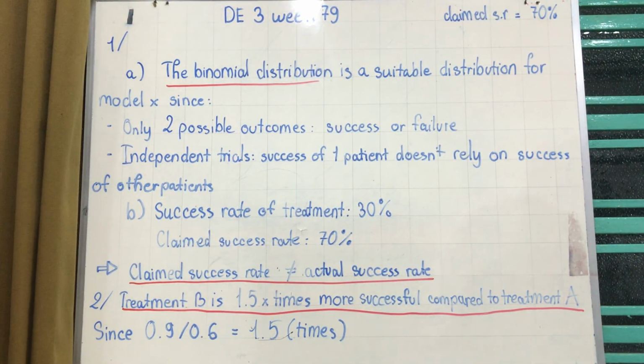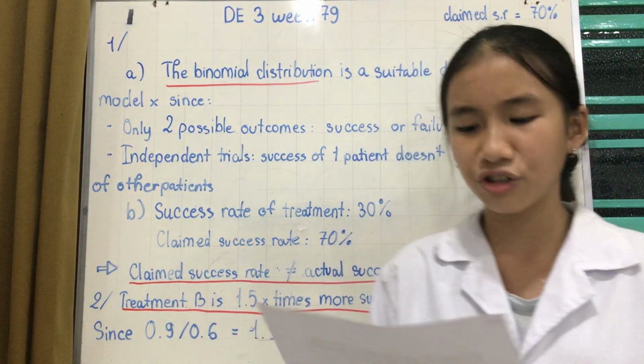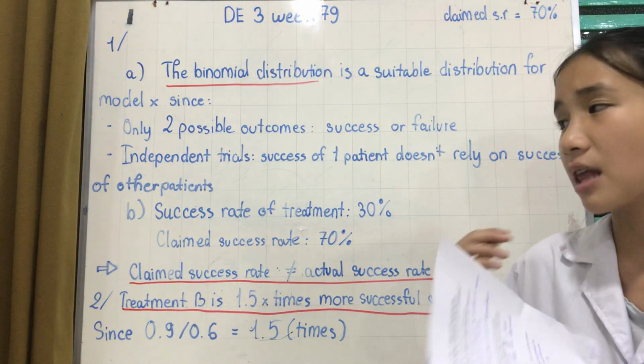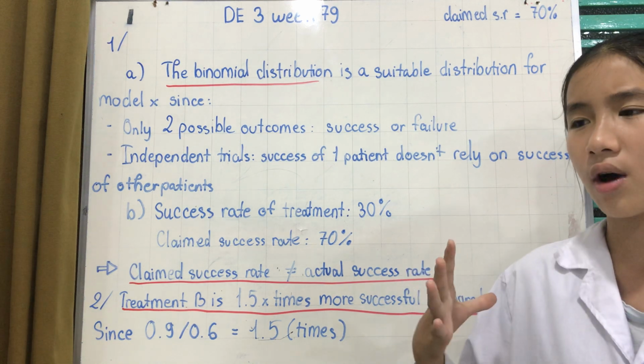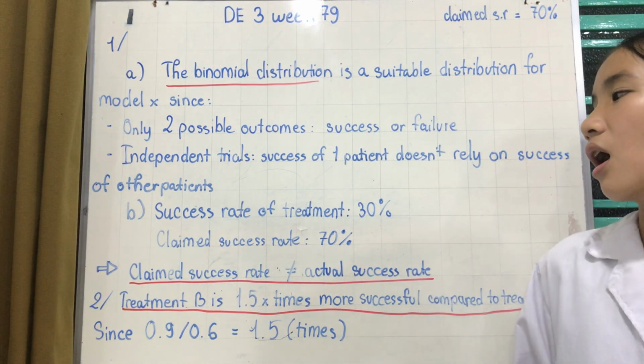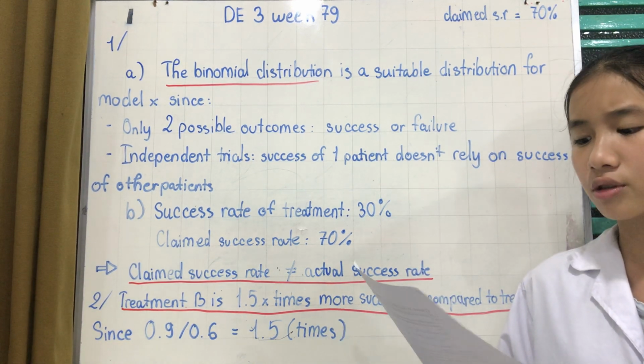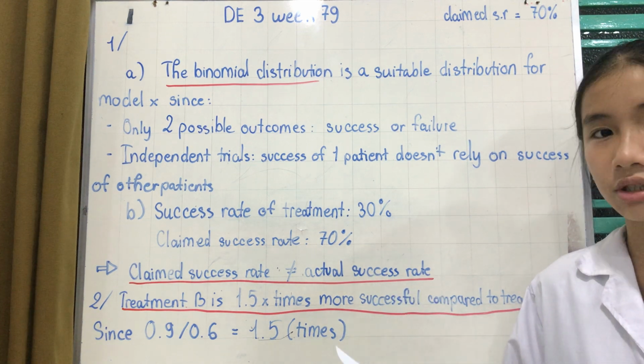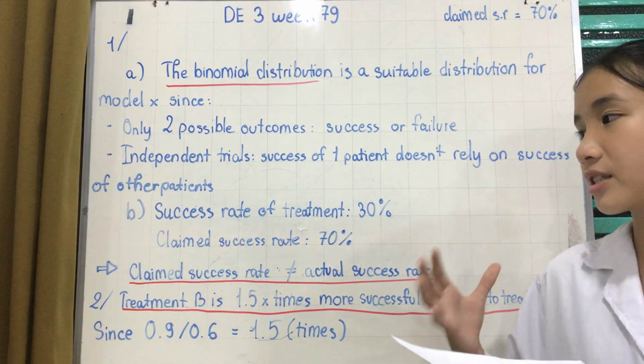Now, for this problem, I have searched about what the claim rate and level of significance are, and I don't quite understand the concept. So please excuse me if I did this problem wrong.